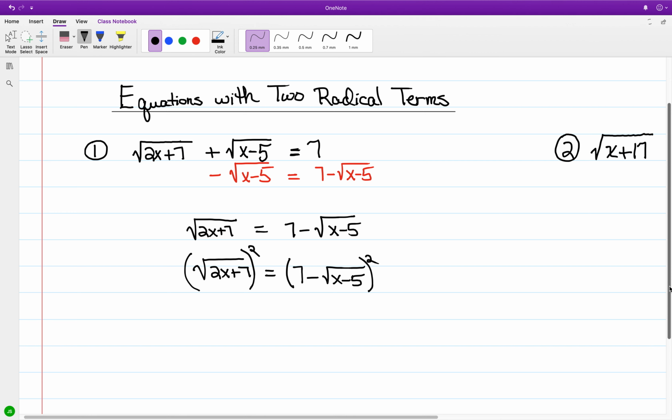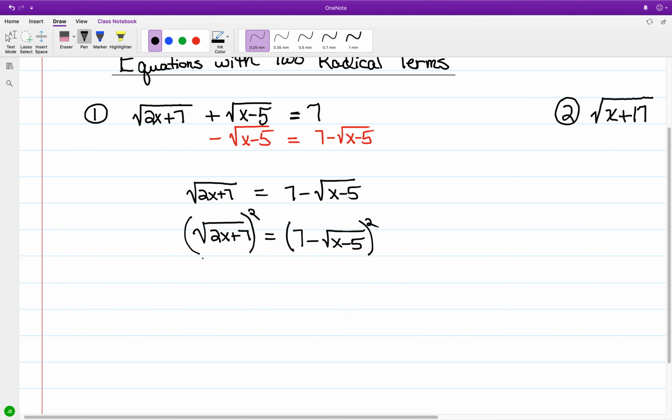And for the square root of 2x plus 7 squared, you have 2x plus 7. And we have the square of 7 minus the square root of x minus 5. So you have 2x plus 7.